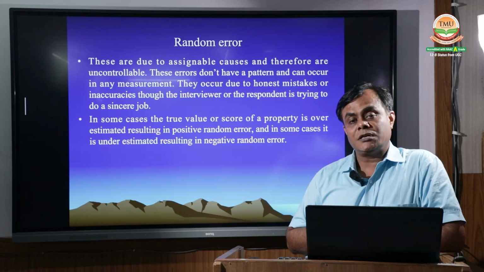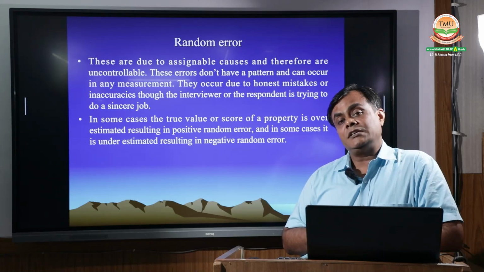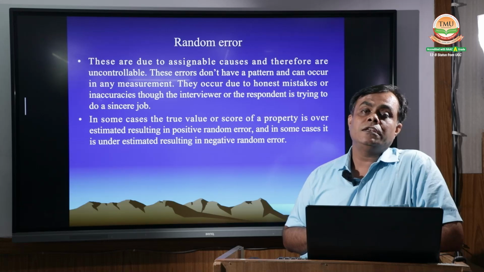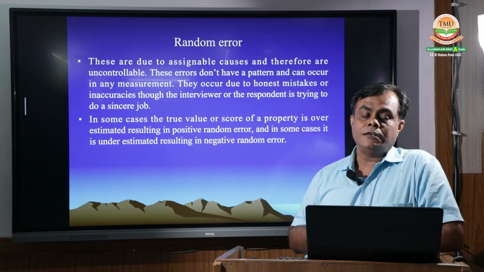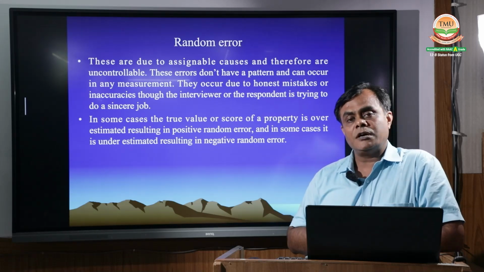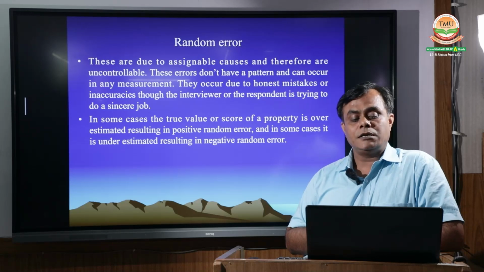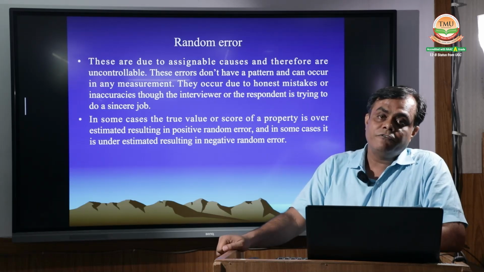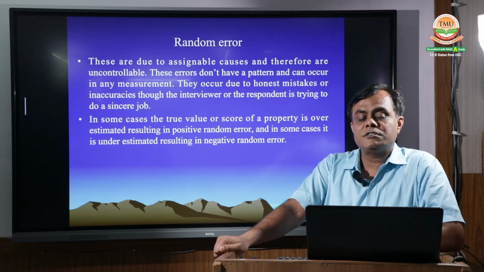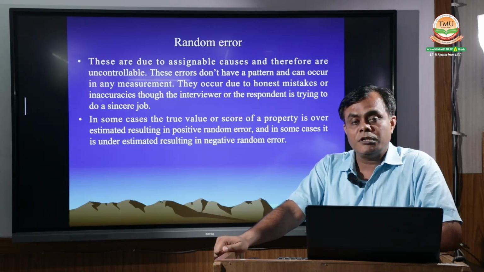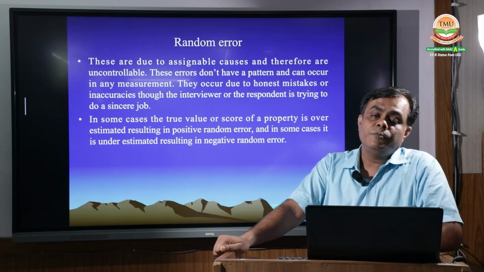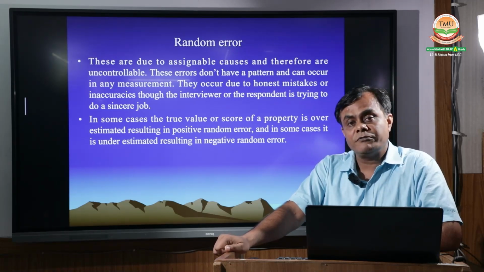measurement error occurs. If you change that faulty instrument and use a better instrument, you can eliminate that type of error. That type of error also has a certain pattern, and it is under control. You can control the error, because whenever you understand that you are using a faulty measuring instrument and you change it, you can get a better value.